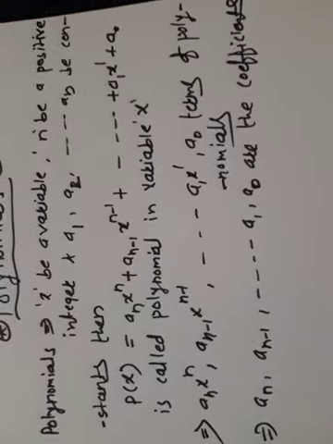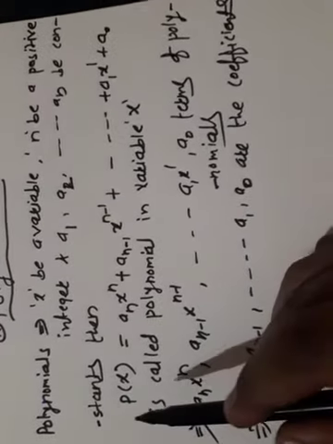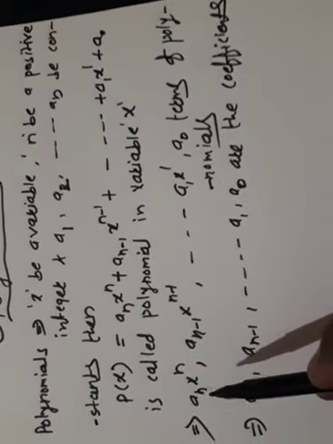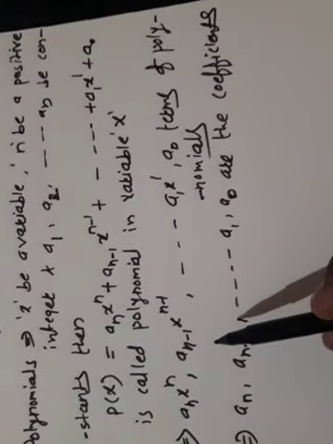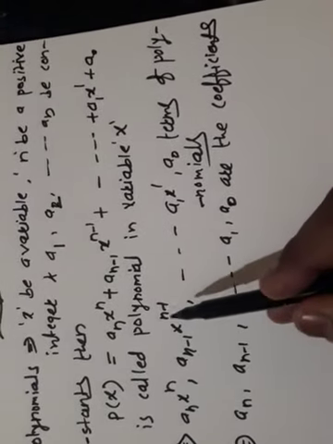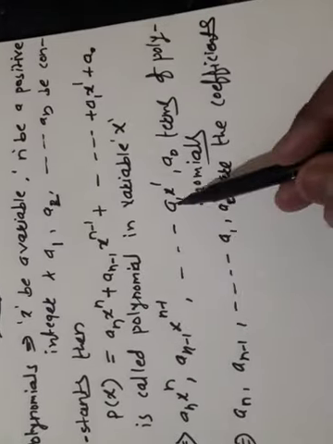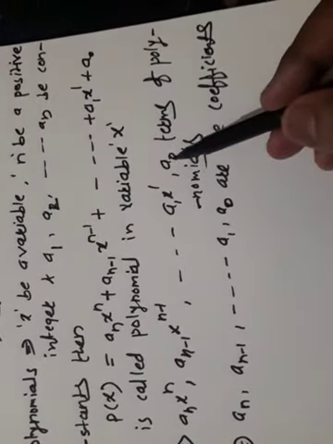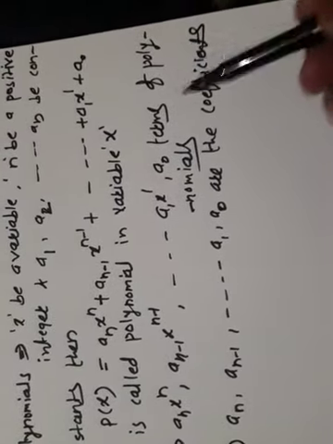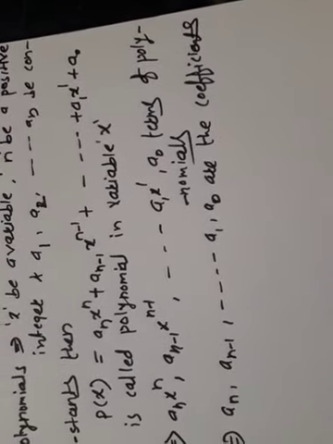Now look here, I have separated it: an x raised to n, an minus 1 into x raised to n minus 1, and so on, a1 x raised to 1, a0. Those are known as terms of polynomials.